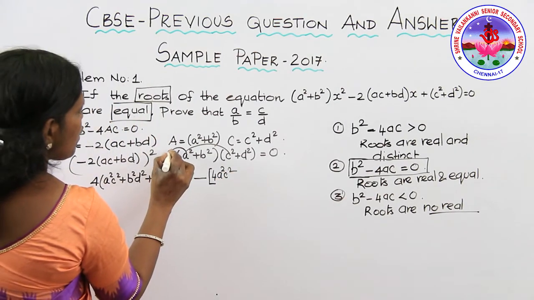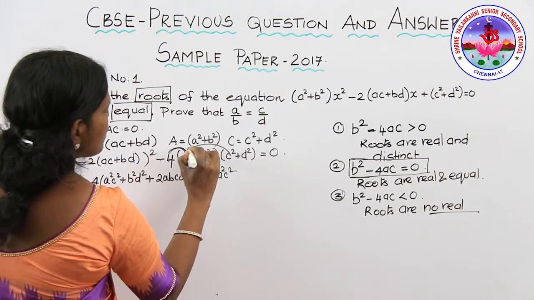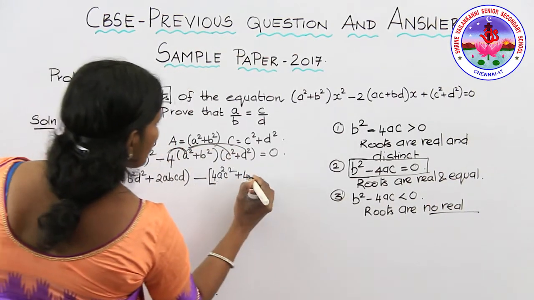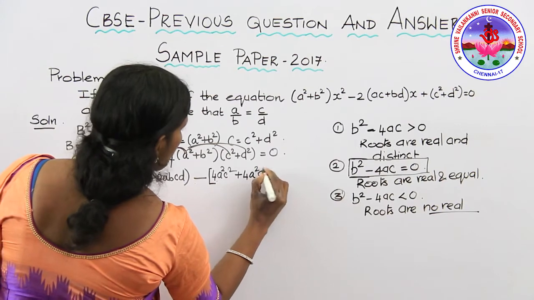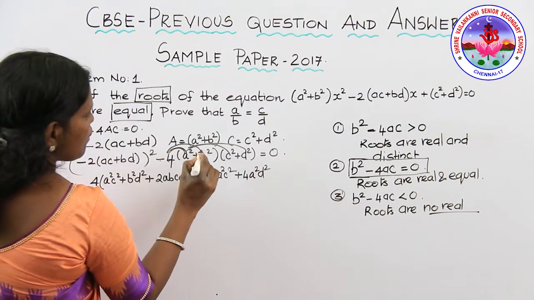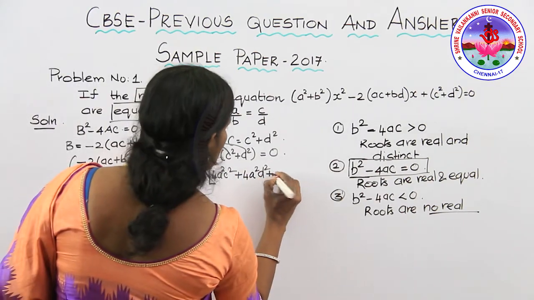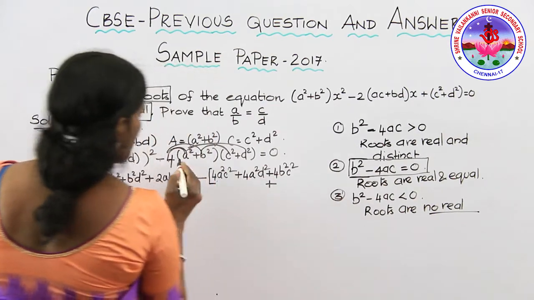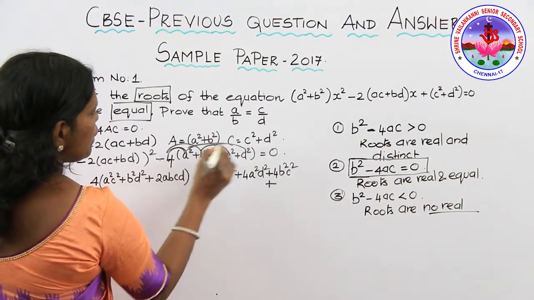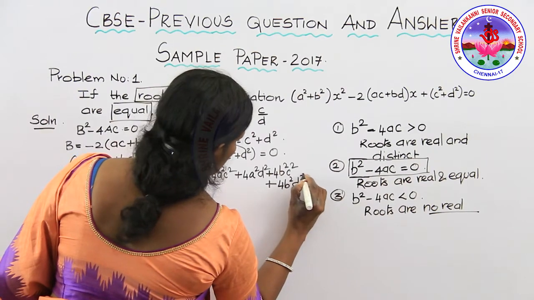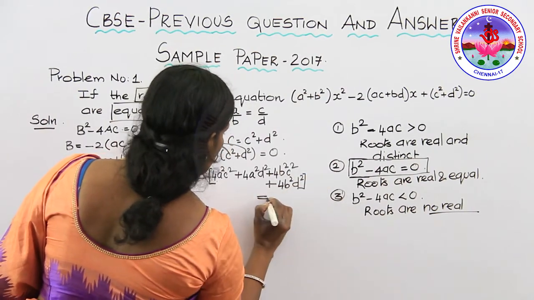Again 4a squared with d squared, I get plus 4a squared d squared, since I have taken minus and am writing plus inside. Again 4 with b squared c squared, I get 4b squared c squared, plus the last one, 4b squared d squared, which is equal to 0.